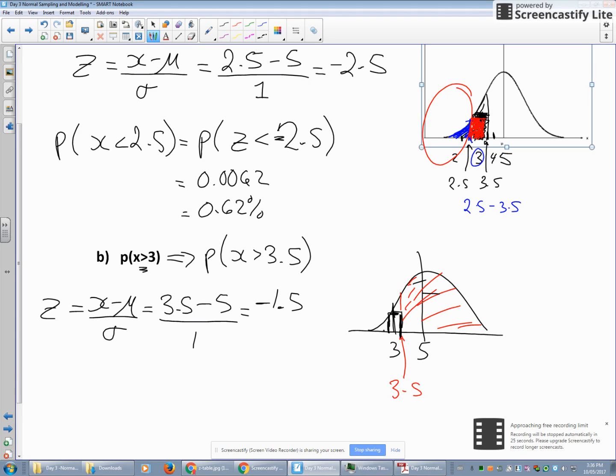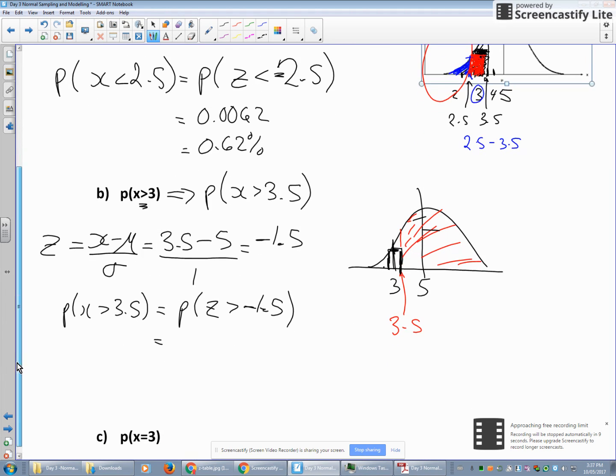I'm looking to the right of my curve. So my probability that x is greater than 3.5 is equal to the probability that my z-score is greater than minus 1.5. Our z-tables are for data below our values, so I've got to do 1 minus the probability that my z-score is less than minus 1.